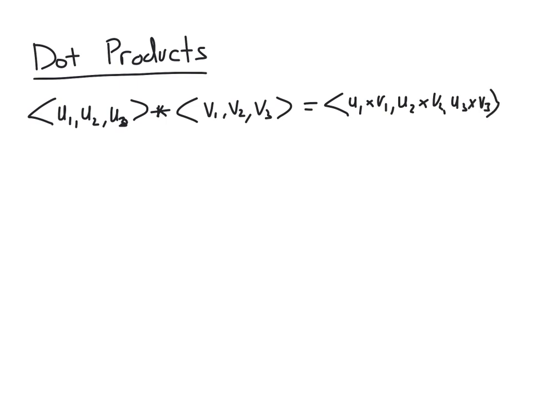So logically this says that we can just multiply the numbers in each component of the two vectors.